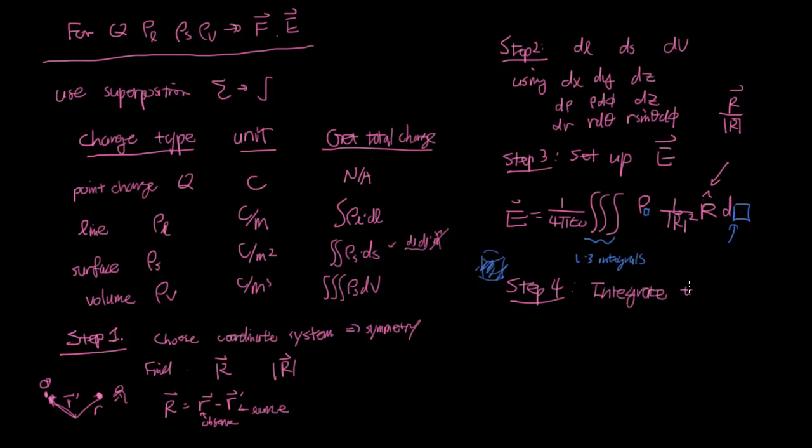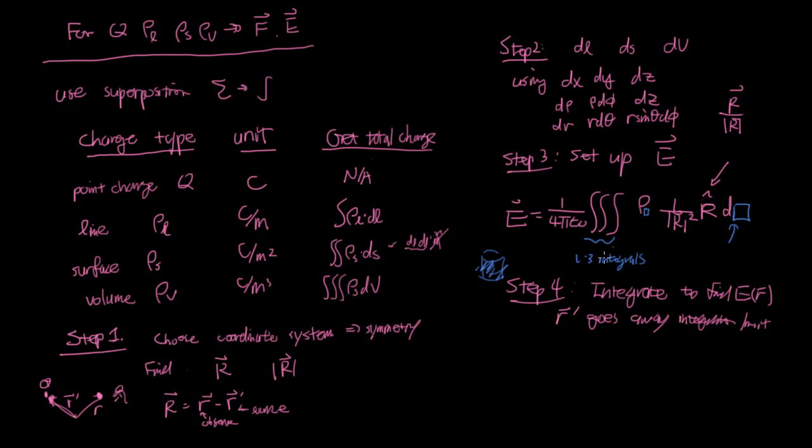So integrate to find E as a function of r. Note that in many cases, because you're adding up all the charges, so you're adding up all the sources, the r prime should go away because in many situations you're putting in those locations in your integration limit.